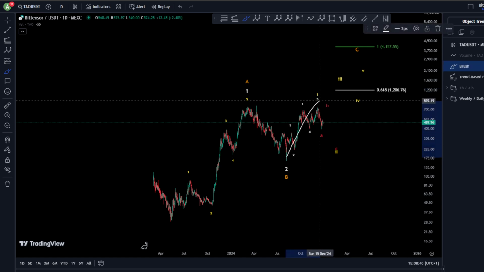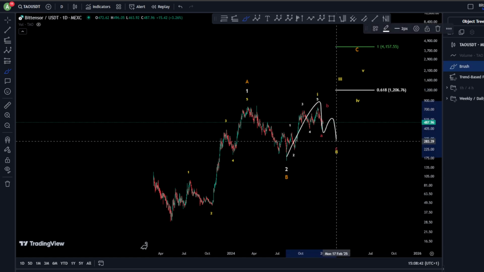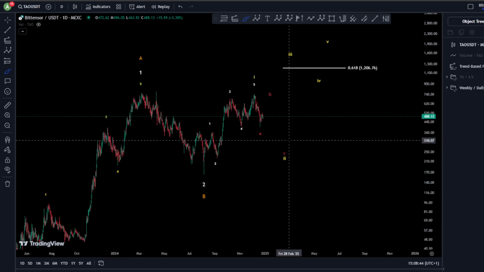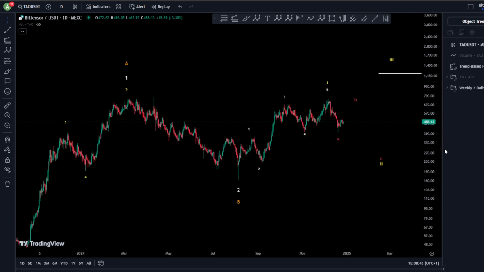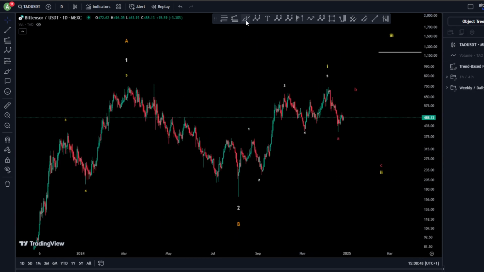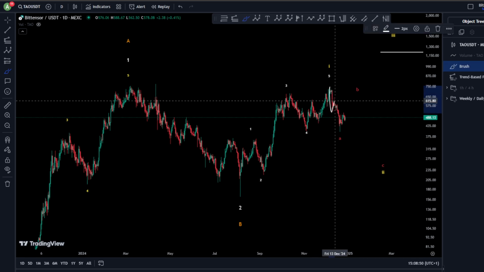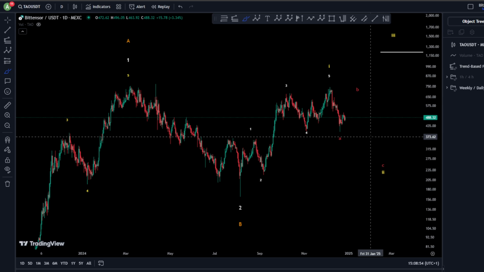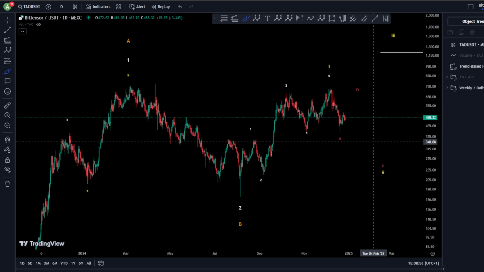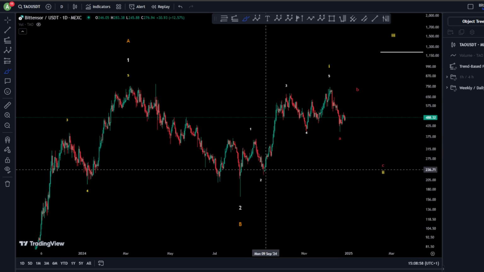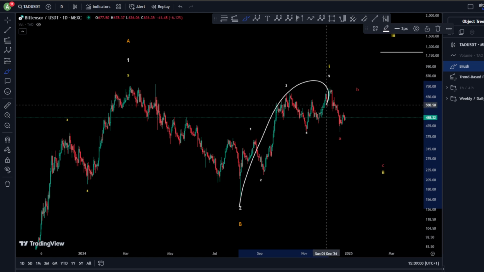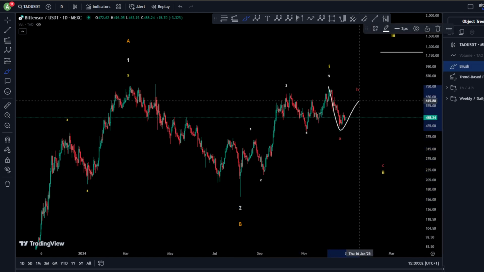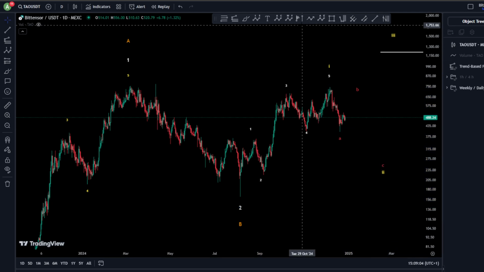And this one will need a wave 2, so probably in 3 waves, definitely it should be in 3 waves. Now on the daily, we can see kind of like 3 waves as A, B, and a C. However, in the 1 hour or 4 hour chart it might not be looking finished yet. So preferably, based on this impulse and this wave 1, we would like to have 3 very clear waves toward the downside.